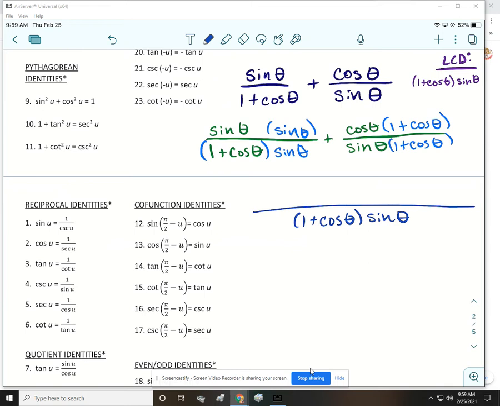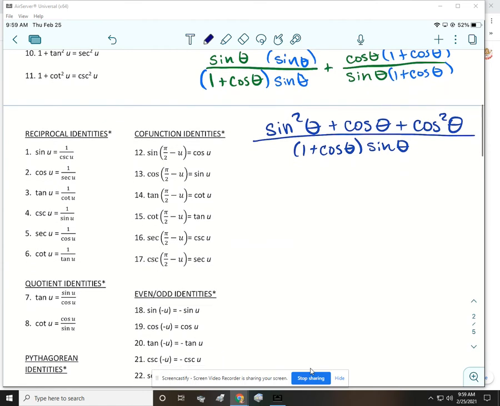Now on the numerator, I do need to multiply these. So sine times sine of theta is going to be sine squared of theta. All right, then I would need to distribute the cosine of theta. Okay. All right, now I'm going to rearrange these. Now you might be able to just keep going on this problem and not worry about rearranging them.